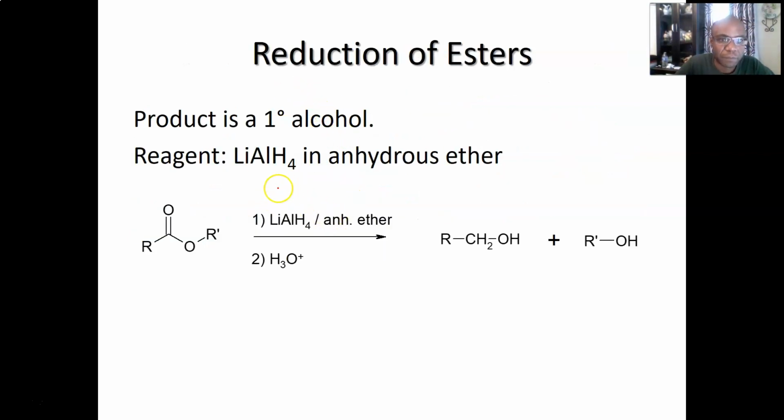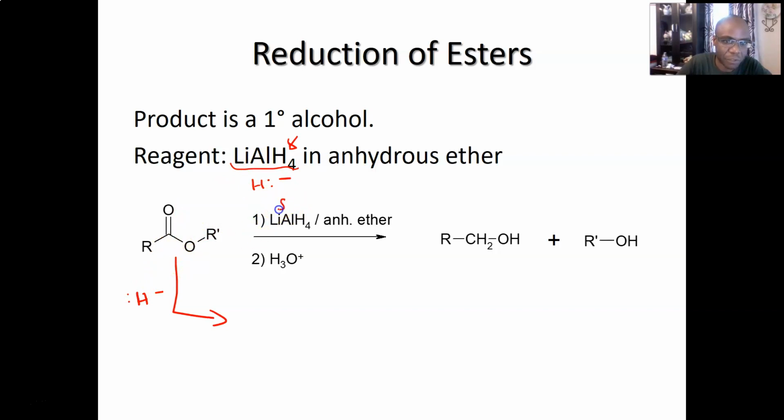Esters can be reduced by hydrides. Remember what we said in carbonyl containing compounds, the ketones and the aldehydes, that if you use hydrides, you can add the hydrogens across. Now, lithium aluminium hydride has 4 hydrides to give. So, if you react the ester here with lithium aluminium hydride, this does not work with sodium borohydride.